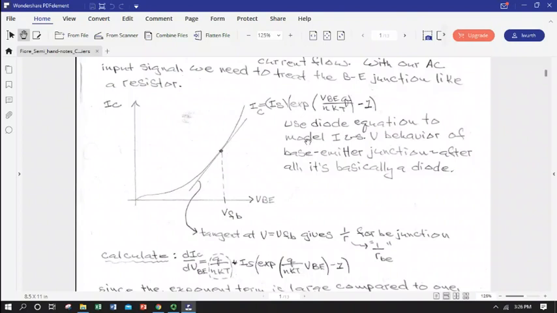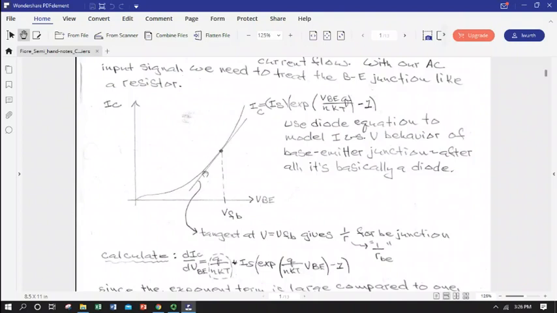And in this case, the way we're going to use this equation is we're going to define a slope somewhere at a given operating point, because if we want to apply Ohm's law, the slope of this curve at any point is in fact the resistance of that junction, because remember, if we multiply resistance times current, we get voltage.